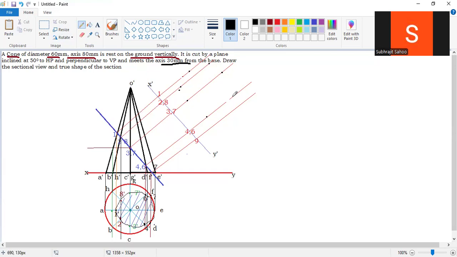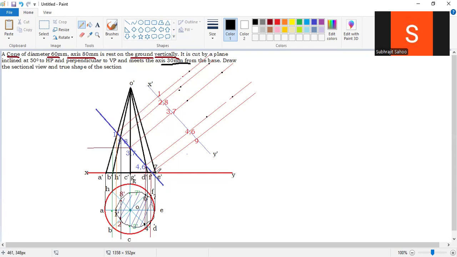Proper measurement you need to follow, otherwise the diagram will come out wrong, right? Here I'm not taking any dimensions, so there is a little level issue in the diagram, maybe it doesn't seem proper, but you need to follow these steps. What steps I'm doing, the same thing you have to follow. So what is the next step?